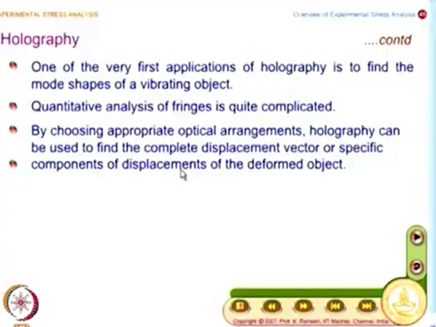Once you identify the problem, address it, find out what all you can modify, and then how you can use the technique. So, I can get the complete displacement vector, or specific components of displacements of the deformed object, which would be very interesting when we want to understand an analytical solution.